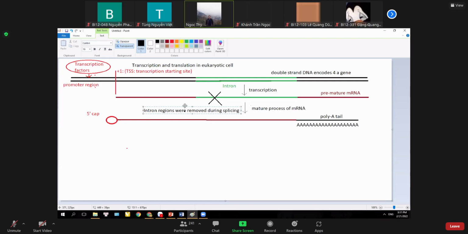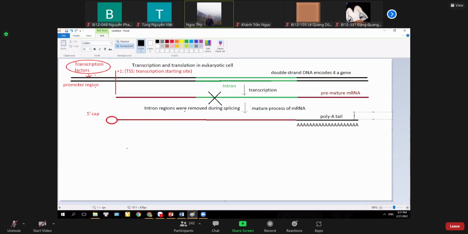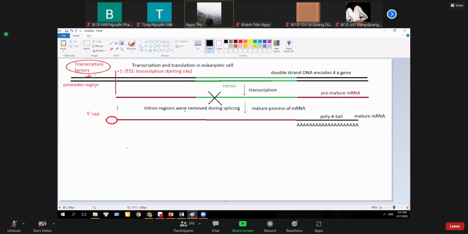And during the splicing process, different exons will be removed too, but we will talk about it later. So this is the mature mRNA. So it's going to the translation process.